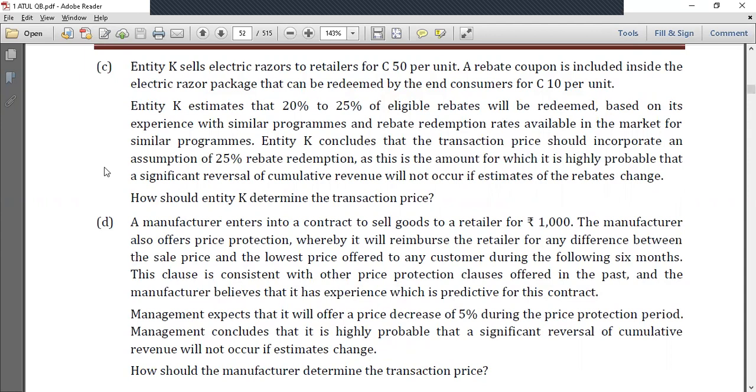So entity K concluded that the transaction price should incorporate an assumption of what? K concludes that the transaction price should incorporate an assumption of 25% rebate redemption.